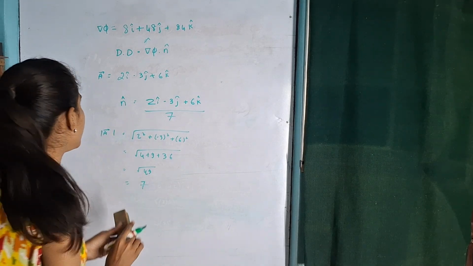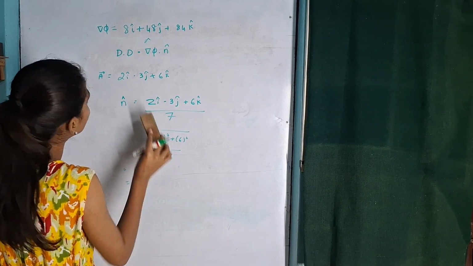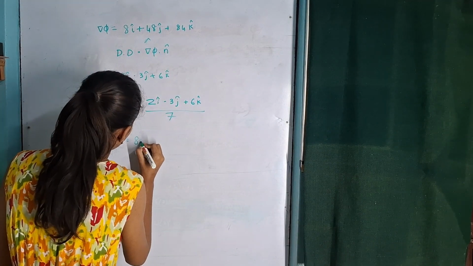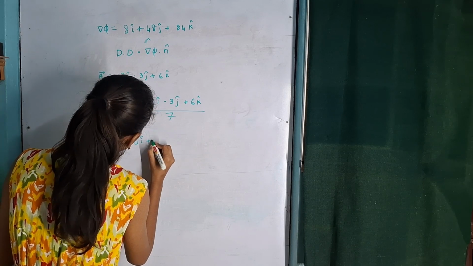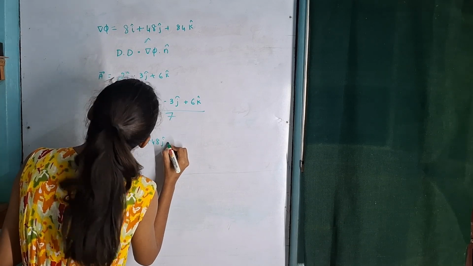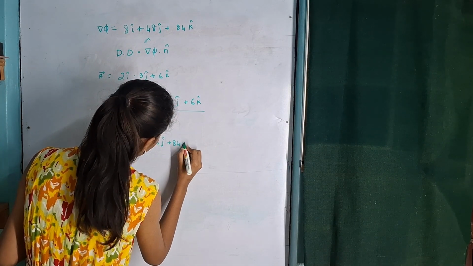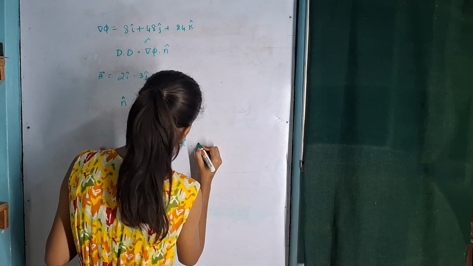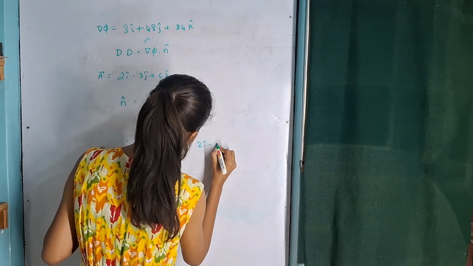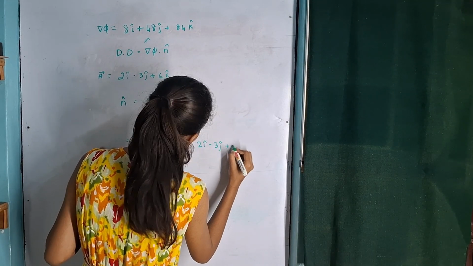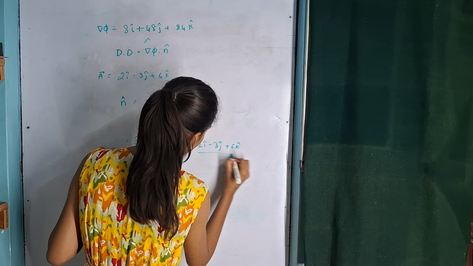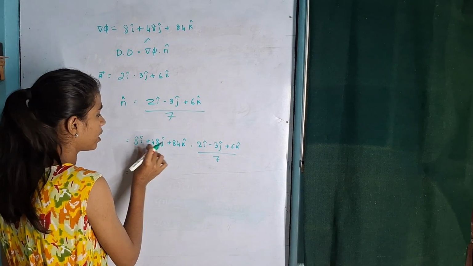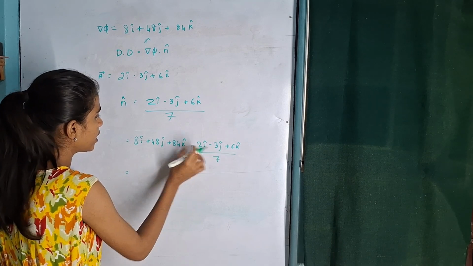So now let's find DD by substituting both the del phi and n vector. So del phi is 8i plus 48j plus 84k, dot product with your n unit vector, that is 2i minus 3j plus 6k divided by 7. So dot product is multiplying i into i, j into j and k into k.